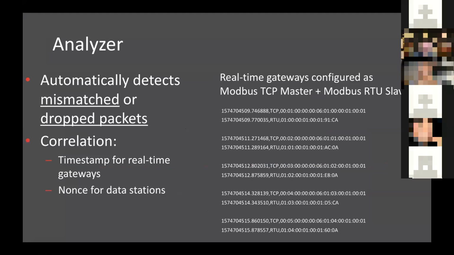Our analyzer was pretty much just some Python scripts that we threw together. It would analyze mismatched or dropped packets, and do correlation based on timestamps for the real-time gateways, because it was packet in, translate, packet out, so it was easy to correlate based on time. For the data stations, we had to throw in some nonces, certain values that we could detect when it would actually send the packet to the PLC or to our simulator.